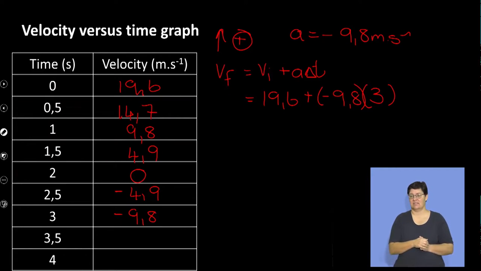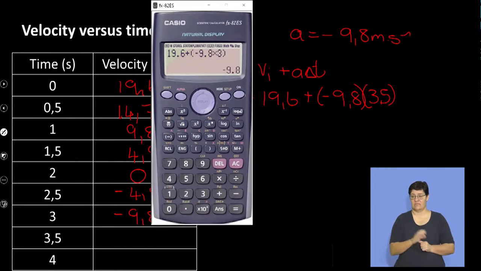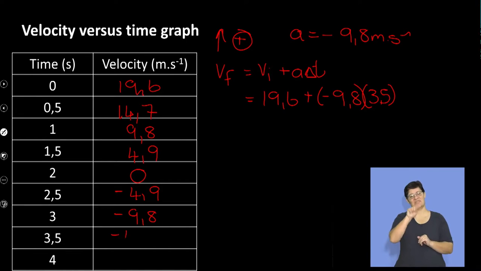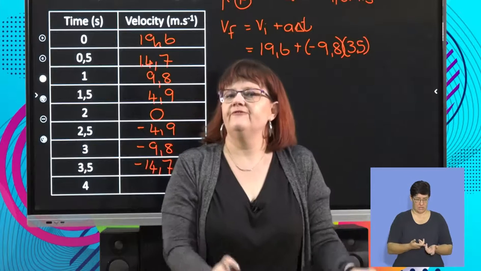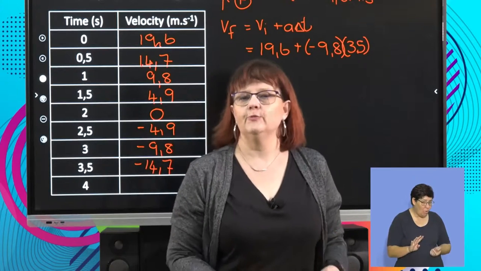Then we need to do 3.5. There we go. So we put this into our calculators again. Okay, close my bracket. Oh, look, minus 14.7.